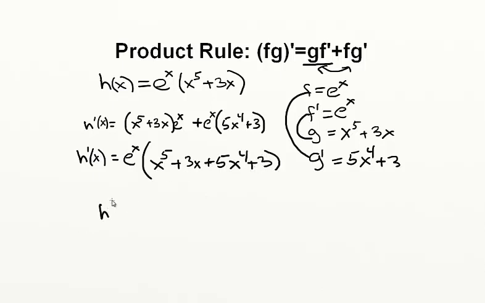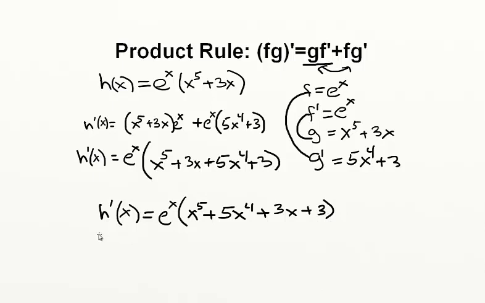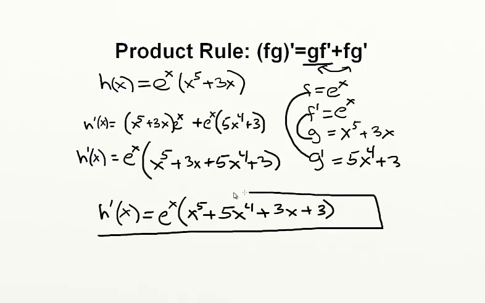And it's probably better if we write those in order of decreasing power. So e to the x times x to the fifth plus 5x to the fourth plus 3x plus 3. So that sort of simplifies our answer down all the way. And there you have it.